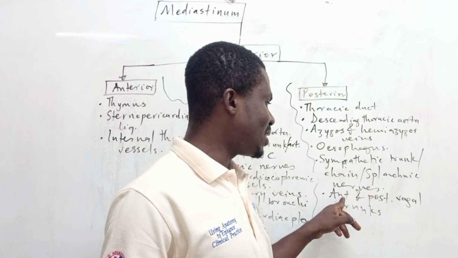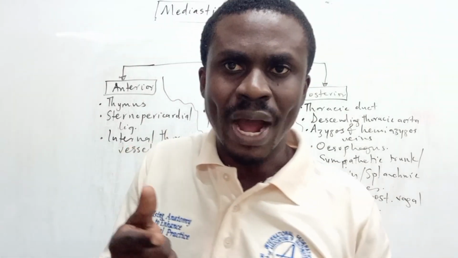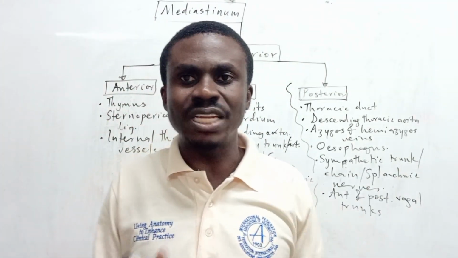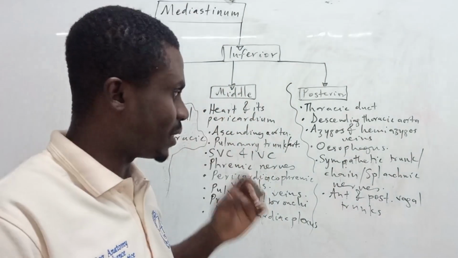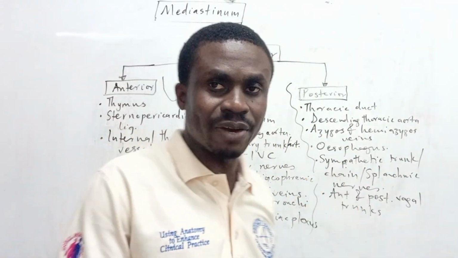So the right vagal trunk will go posterior, and the left one will go anterior to the esophagus, and they become the trunks that we're talking about over here. So I want you to appreciate this.